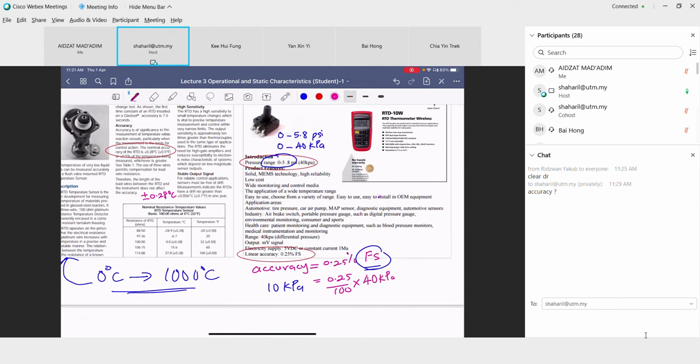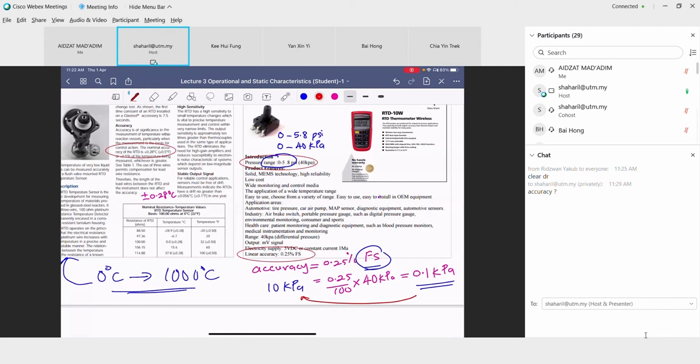Let's choose the unit kPa. 0.25 times 40 divided by 100 gives you 0.1 kPa. So this shows that the smallest unit this transducer can measure is 0.1 kPa. So is it enough for you to measure 10 kPa? Enough or not?